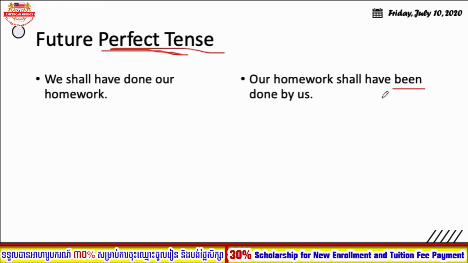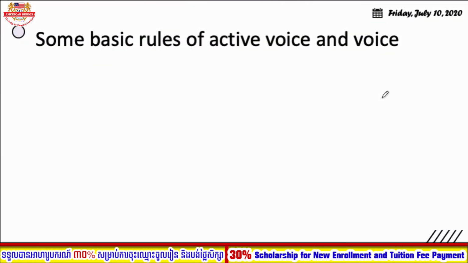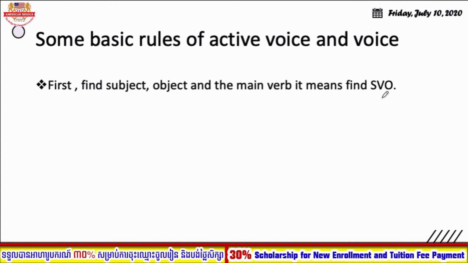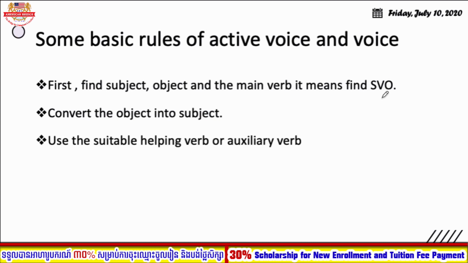So to change those active to passive, there are 6 steps that you need to remember. First, find the subject, object, and the main verb, which is in the form of SVO: subject, verb, object. Then convert the object into the subject. Use the suitable helping verb or auxiliary verb based on the tense, and convert the main verb into the past participle.